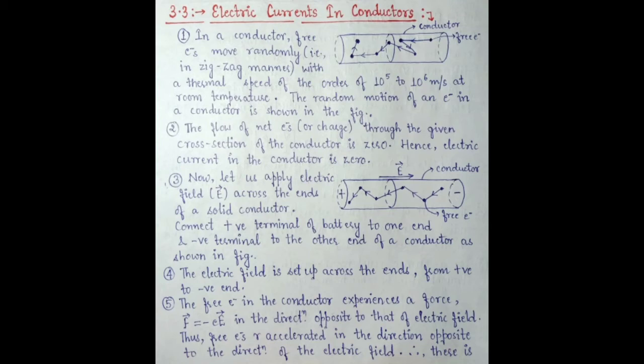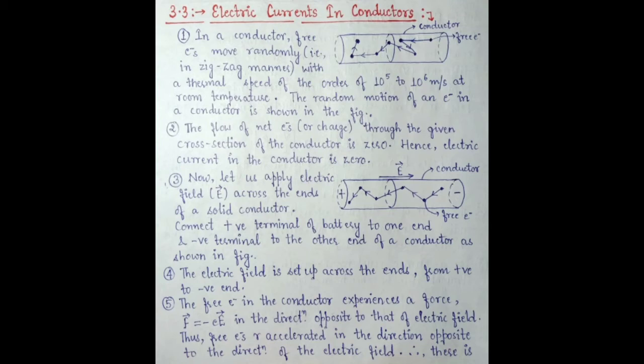Now as you are seeing the figure below it, on the left side the positive charge is there, and on the right side of the conductor the negative charge is there. As we all know, electric field lines go from positive to negative, so E vector is denoted by an arrow from the positive to the negative side, and the free electrons move in a straight line from the negative side to the positive side, because electrons have negative charge, so they are repelled from the negative charge and attracted towards the positive charge.